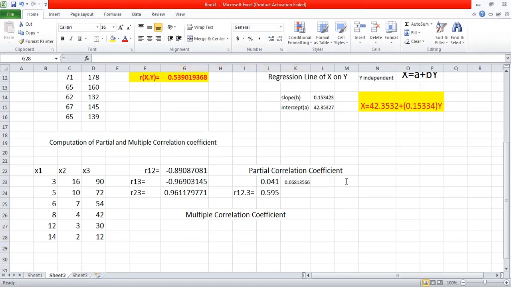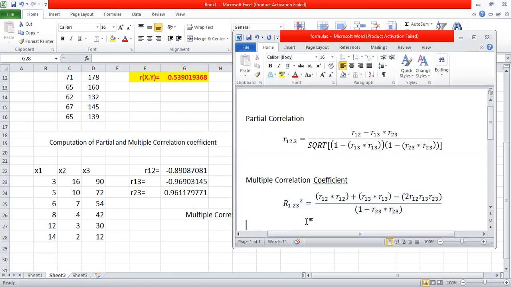Check out the formula. This is the R1.23 square value. Whatever square value we get, if we apply the square root to that, we can get the R value.